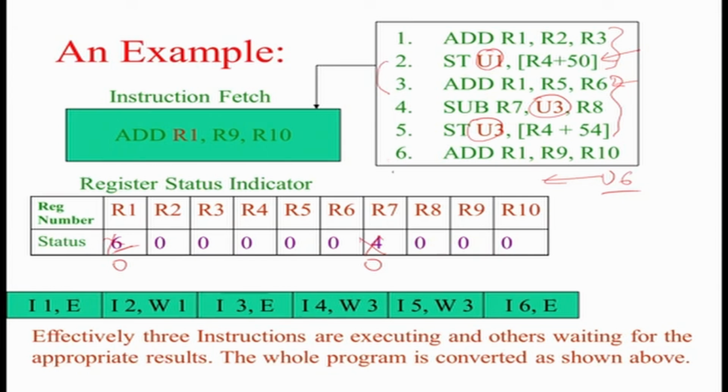The WAR hazard between 6 and 5 and 6 and 4 are got out by U3, renaming this. Right, are you getting this? So all the write after read hazards just disappear, and this renaming happens in fact. Okay, are you okay with this?